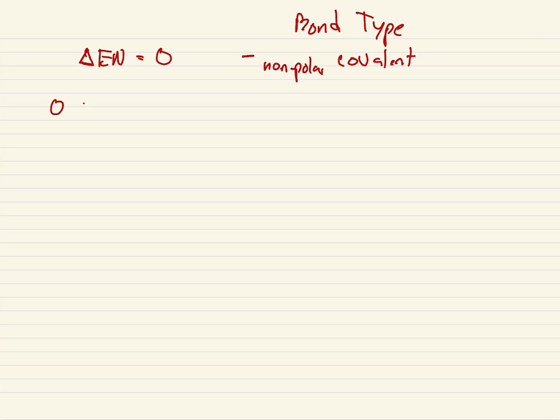If we're between 0 and 1.7, how did we classify that bond? Right, and we said if we look these values up, sometimes that 1.7 shifts between 1.7 and 2.1, depending on what textbook you're looking at or what atoms are there.